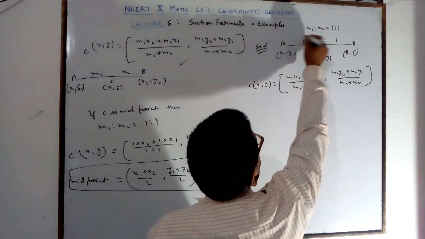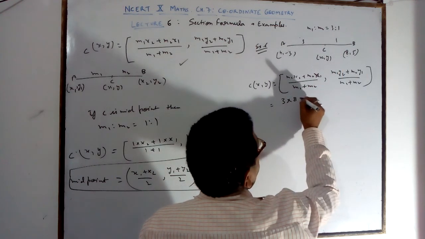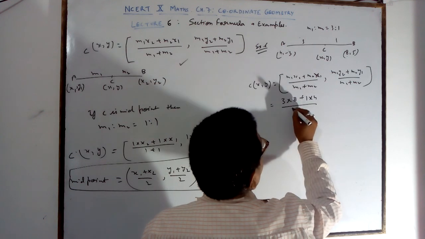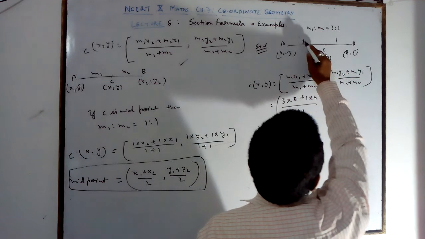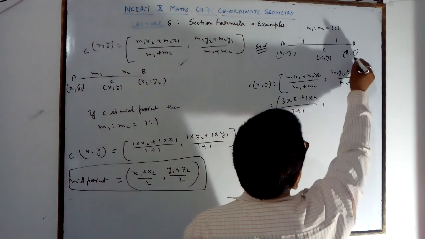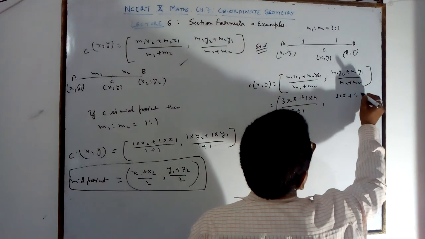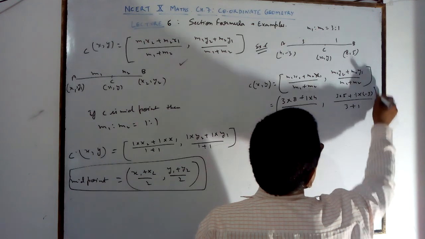With m1 as 3 and m2 as 1: 3 into 8 plus 1 into 4, divided by 3 plus 1, comma 3 into 5 plus 1 into minus 3 upon 3 plus 1.